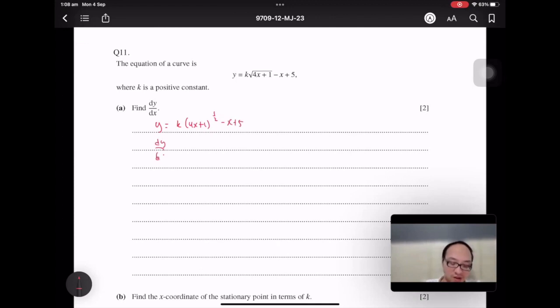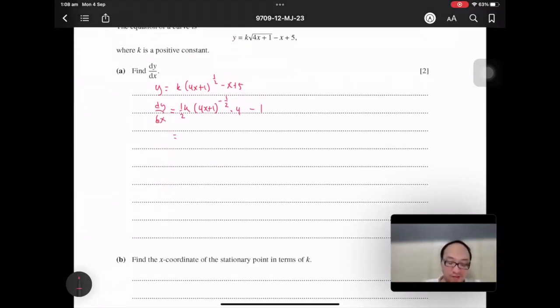So dy/dx will be equal to k times half (4x plus 1) to the negative 1 over 2 times 4, minus 1. The 4 is coming from the derivative of this. So equals 2k (4x plus 1) to the negative half minus 1.